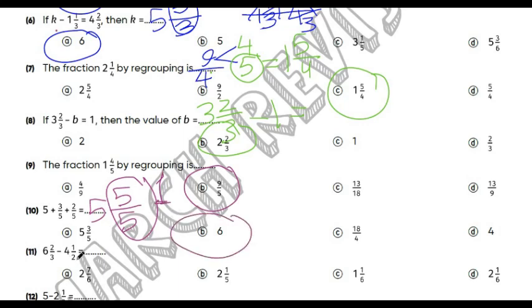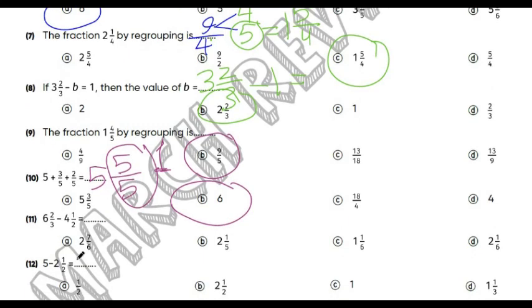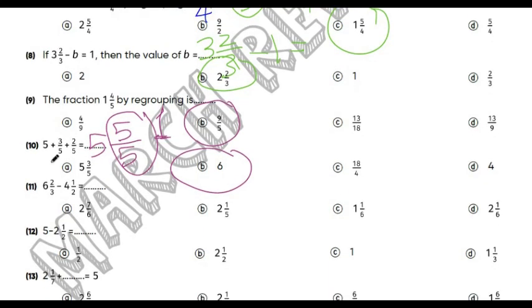In the next one we have to look at these two denominators. They are different, 3 and 2, so we have to look for a similar denominator. The LCM of 3 and 2 will be 6, so this one will be 6, and that one also will be 6, and write the whole as it is.